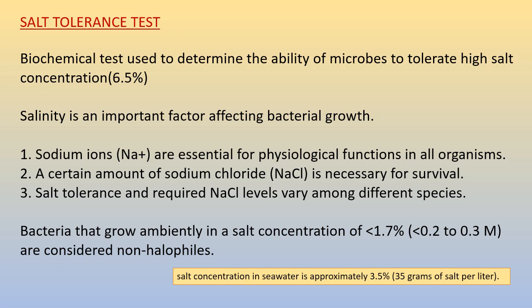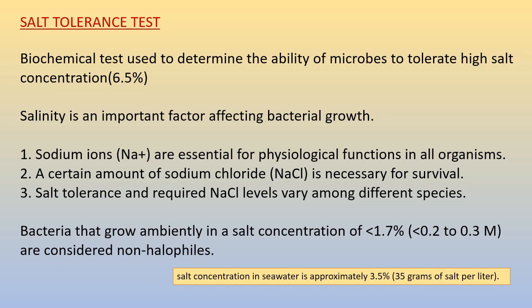Now, salinity is an important factor which affects bacterial growth. We know that, right? Sodium ions are essential for physiological functions in all organisms, and a certain amount of sodium chloride is necessary for survival. The salt tolerance and required NaCl levels may vary among different species. That's the reason why we need to do this test when it comes to halophiles.